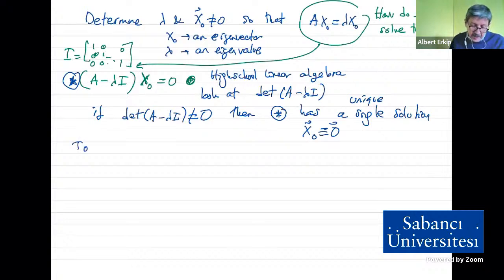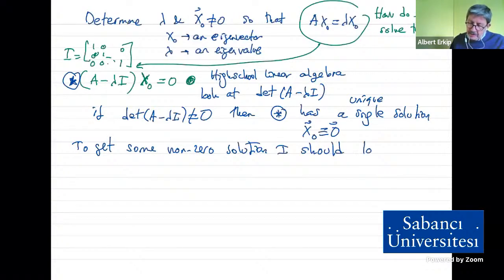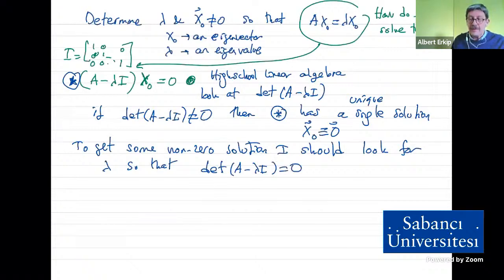So to get some non-zero solution, I should look for lambda so that the determinant of A minus lambda I equals 0. This is called the characteristic equation of A.